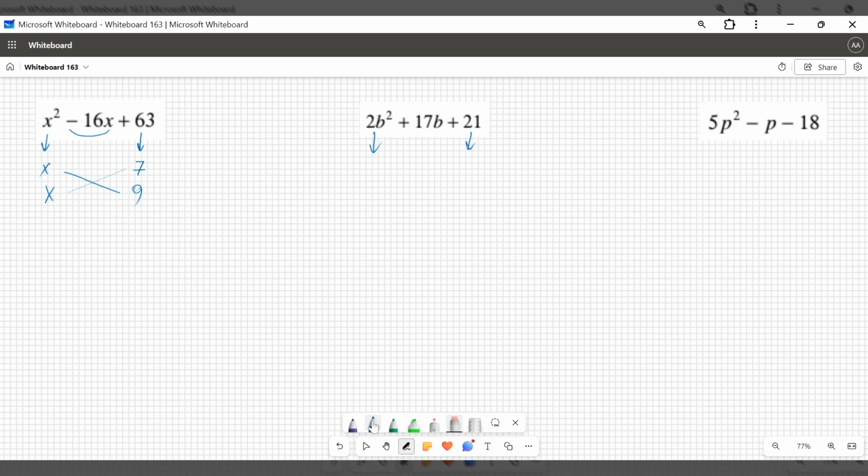The thing is, 63 can be factorized with both negative here. Like negative 7 times negative 9 is also positive 63. Right now, if you cross multiply both, they add up to negative 16. Now it adds up to the middle term.